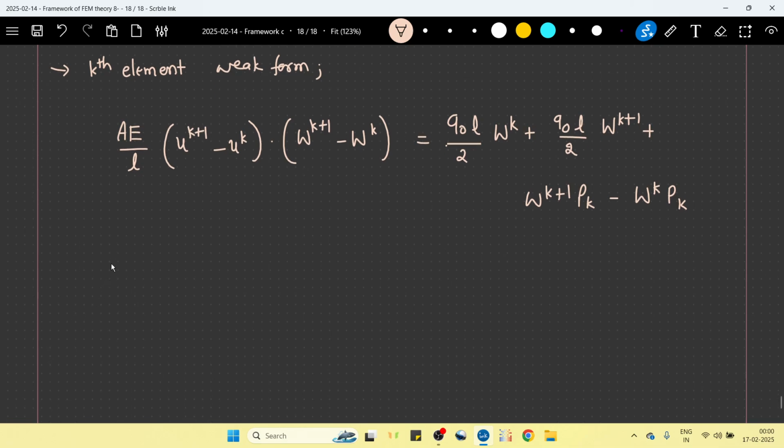So now I'll just rewrite this equation in terms of coefficients, which we also did for example 2 in the last video. I will write this equation in form of coefficients WK plus 1 and WK. I will take the multipliers of these two coefficients and write the equation. It is nothing but rearranging the terms.